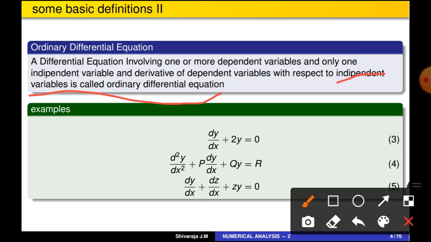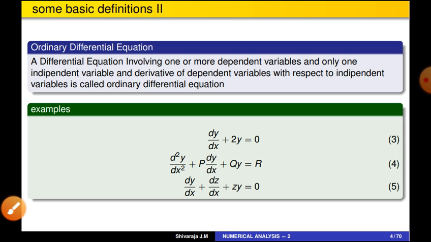So this is the definition of an ordinary differential equation. These are some examples: dy by dx plus 2y equals 0, and d square y by dx square plus p into dy by dx plus qy equals r, and dy by dx plus dz by dx plus zy equals 0.